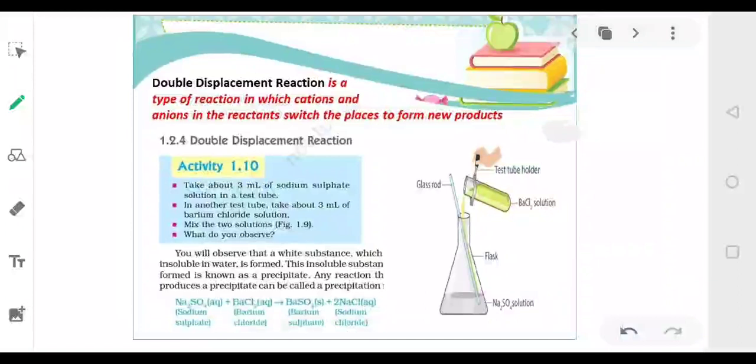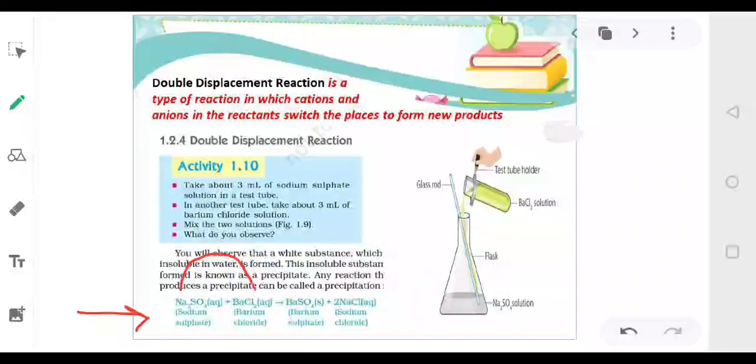Now moving forward, the last one is double displacement reaction. In single displacement reaction, only one element was displaced, whereas in double displacement reaction, two elements will be displaced. An example of double displacement reaction is this: Na2SO4, sodium sulfate, reacts with barium chloride, BaCl2.